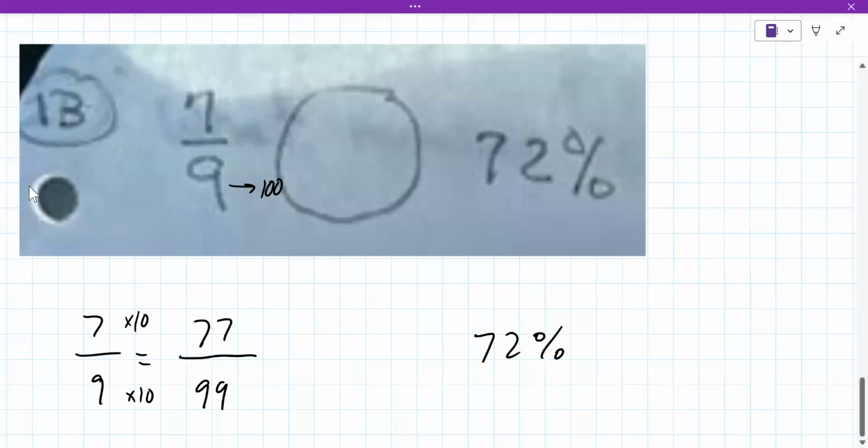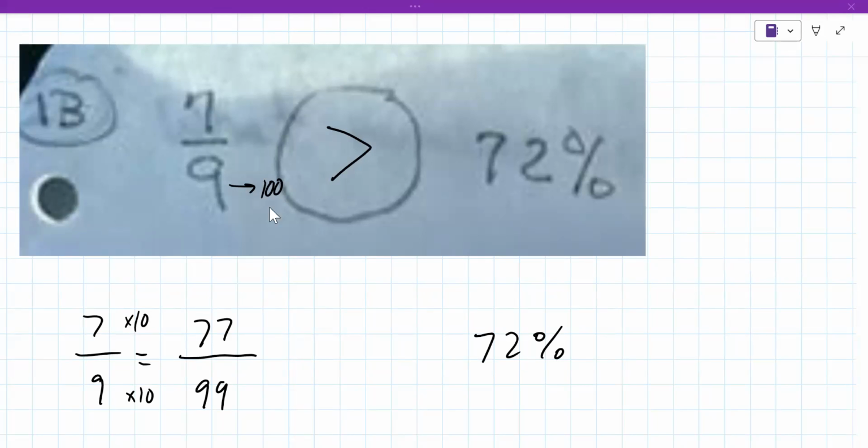Like 77 is bigger than 72. It's basically 100. Even if you go down to 76, 76 is still bigger than that. You don't have to perfectly do it, but it'd be good to do all of it.